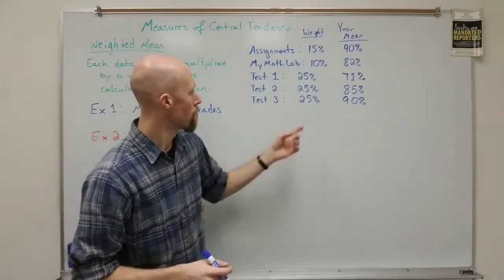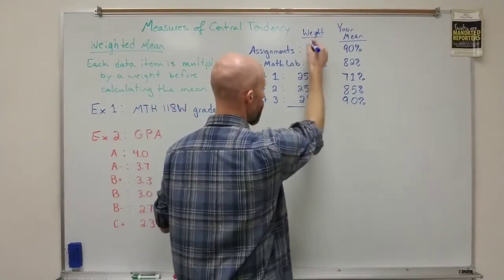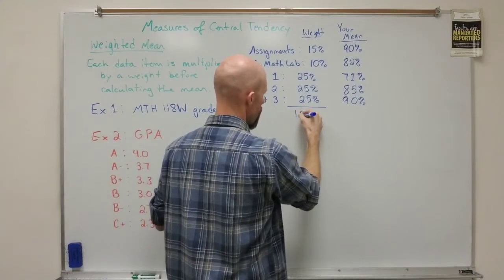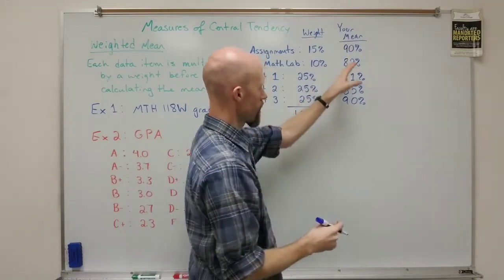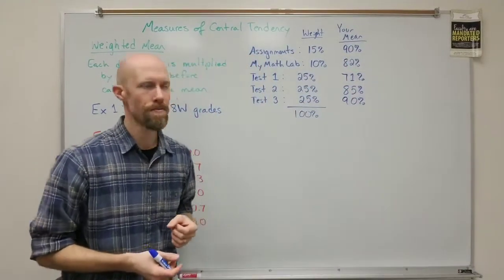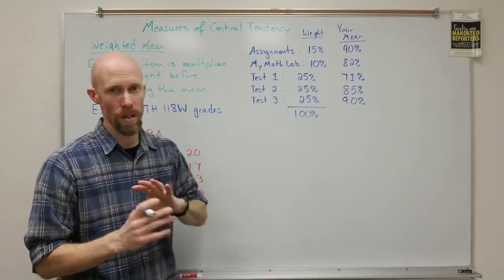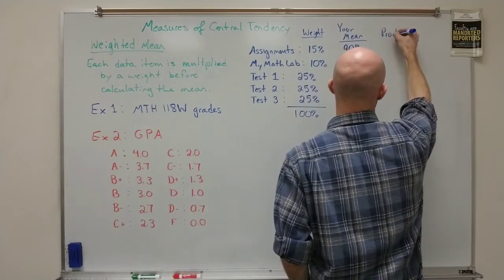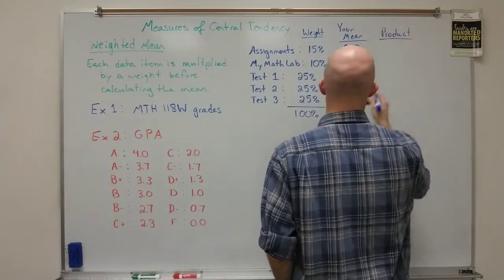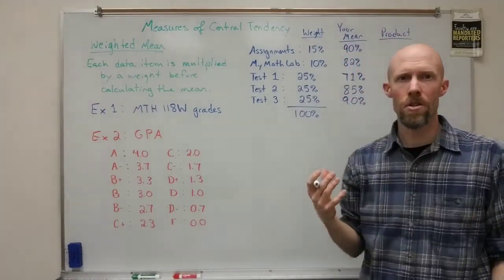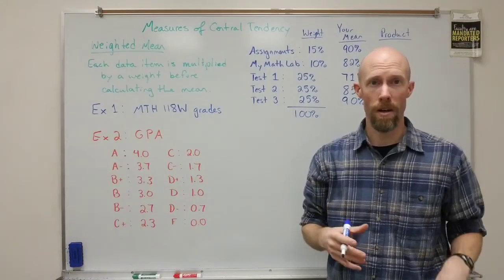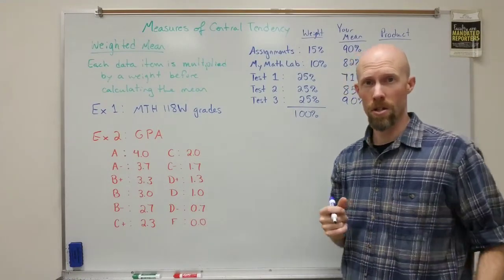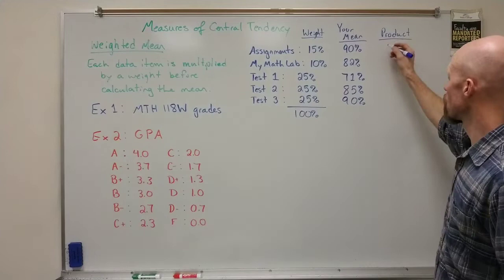Since the total of the weights here is 100%, we're going to add these up and divide by 100%, once we get the products in. So you calculate your products, and really the method for this is very similar to the expected value. It's actually almost an identical calculation to the expected value.